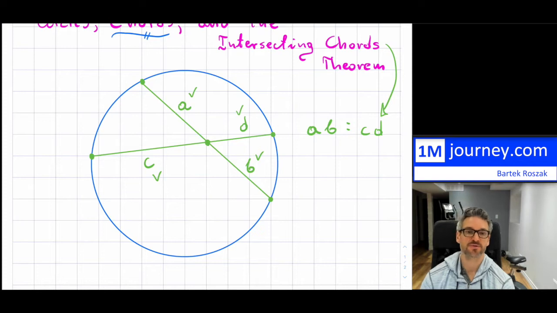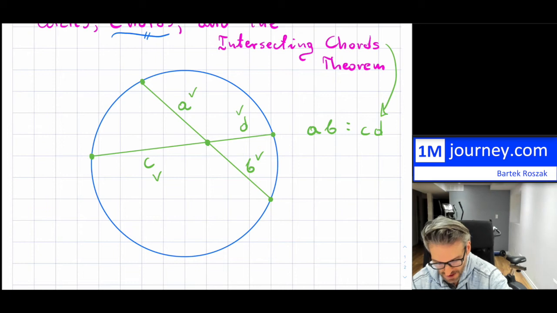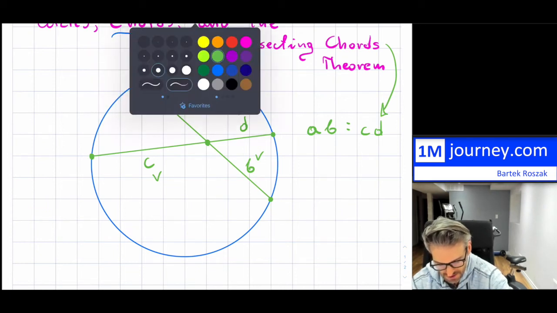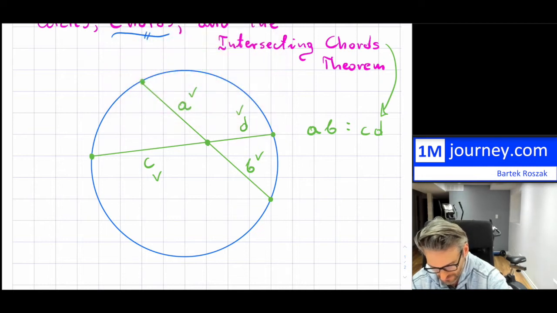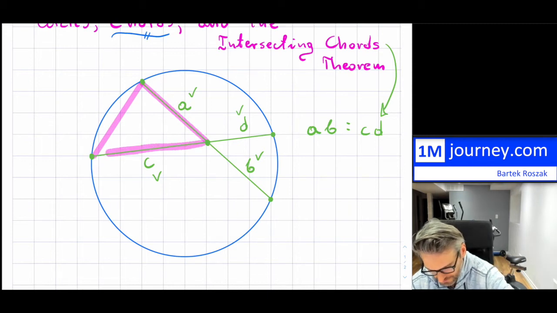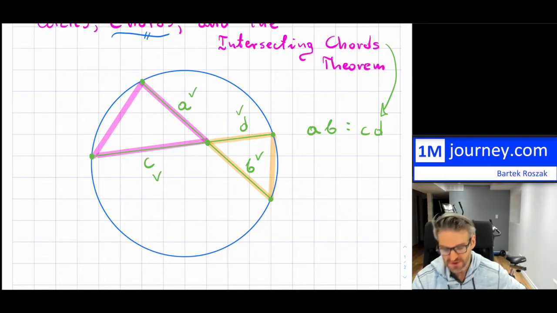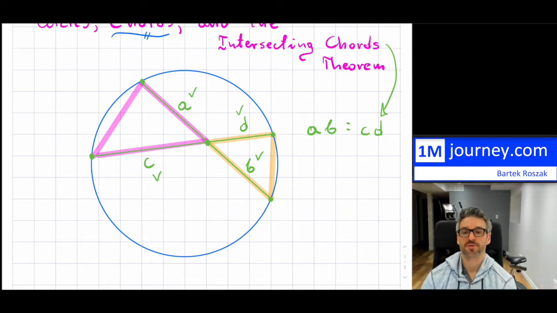And that's what this intersecting chords theorem uses, because it turns out that the triangle, and I'm going to draw it out here for you, as nice as it comes. So let's say this was your first triangle right here, and then you have this one, which is created right here. This would be your second triangle. It turns out that these 2 triangles are similar to each other.